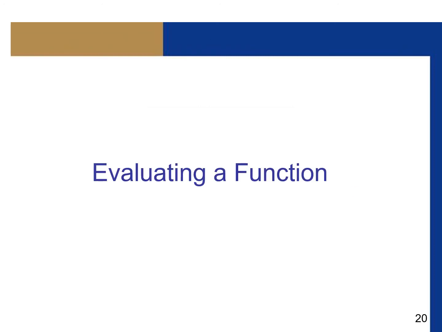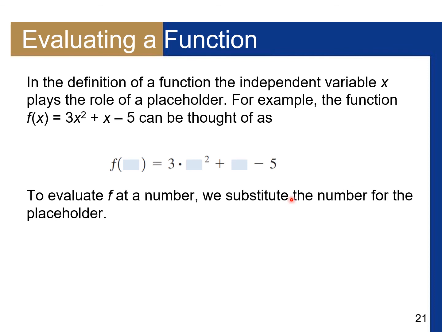Now, evaluating a function, this is where we pick numbers that will go into our function, and then we evaluate and get the answers. We did that in the last problem with a couple of them. Now we're going to look at this some more. So here is my function up here. And let's say, for instance, I want to check it at f of 1. I would put 1 here.